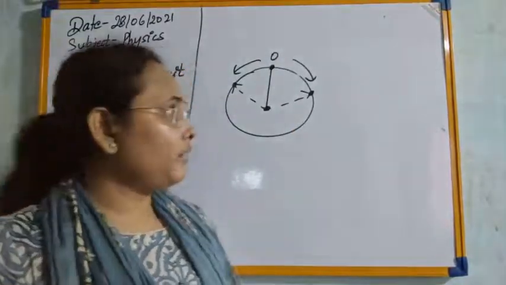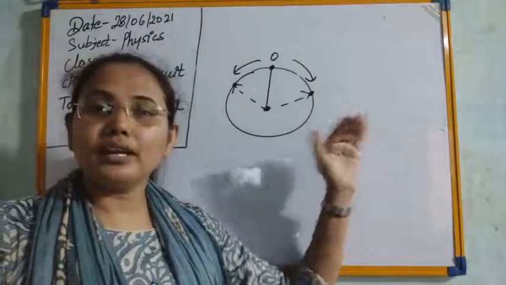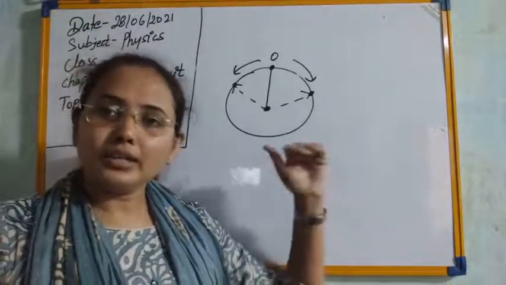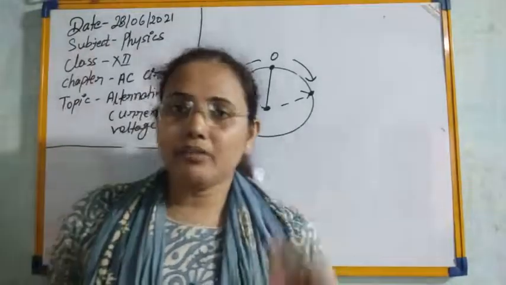So if the needle rotates only to the left, or only to the right, then we have done a direct current measurement.